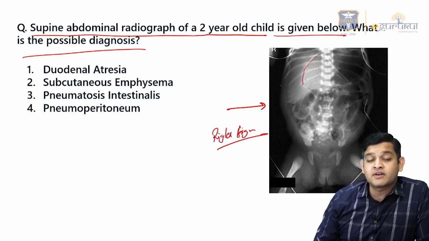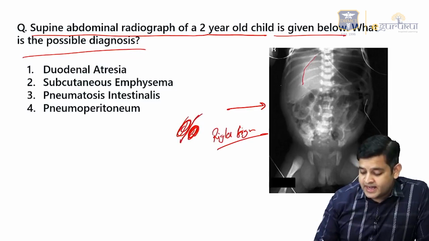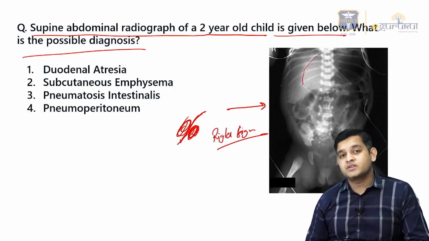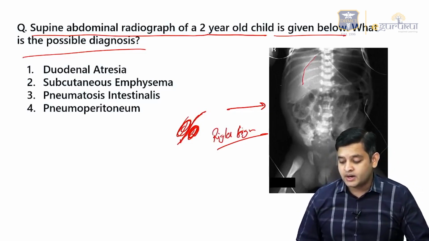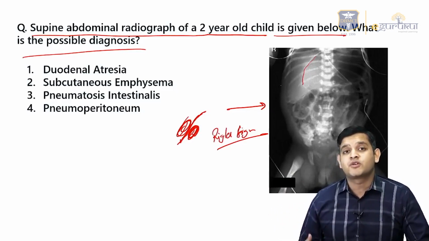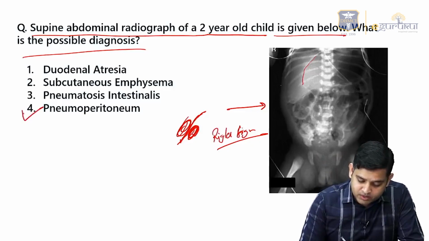Now why is the Rigler sign seen? Because the air is present in the bowel loop, and outside the bowel loop, as a result of which you are able to see the bowel wall. Visualization of the falciform ligament and the bowel wall is called the Rigler sign. So this is a case of pneumoperitoneum.